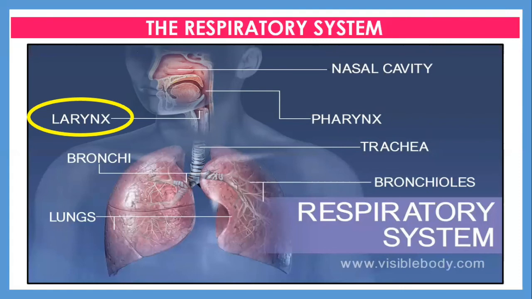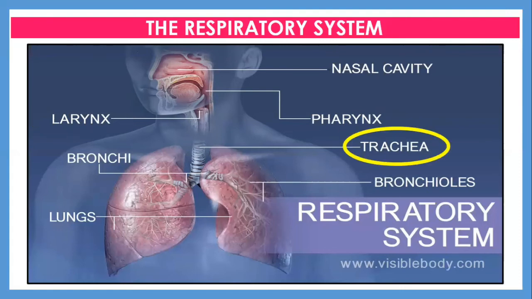And for the trachea, the trachea is also known as the windpipe. It is a tube of cartilage and muscle about 2.5 centimeters in diameter, extending from the larynx in the neck to the thoracic cavity or chest, where it divides into two smaller tubes, the primary bronchi.